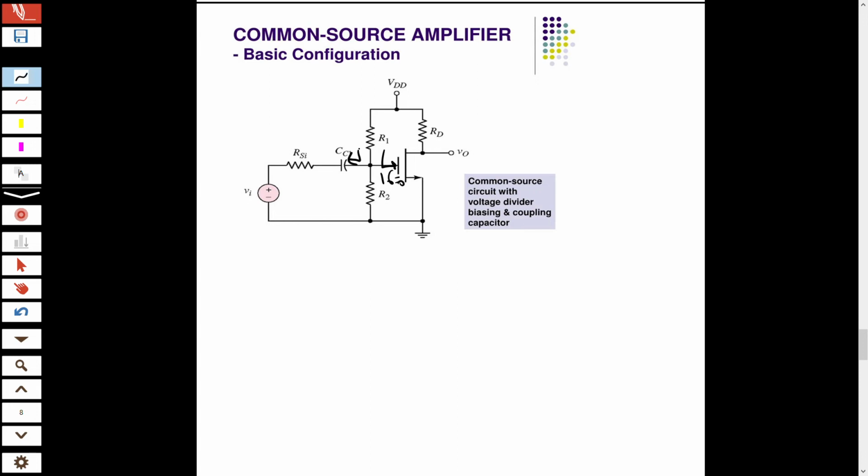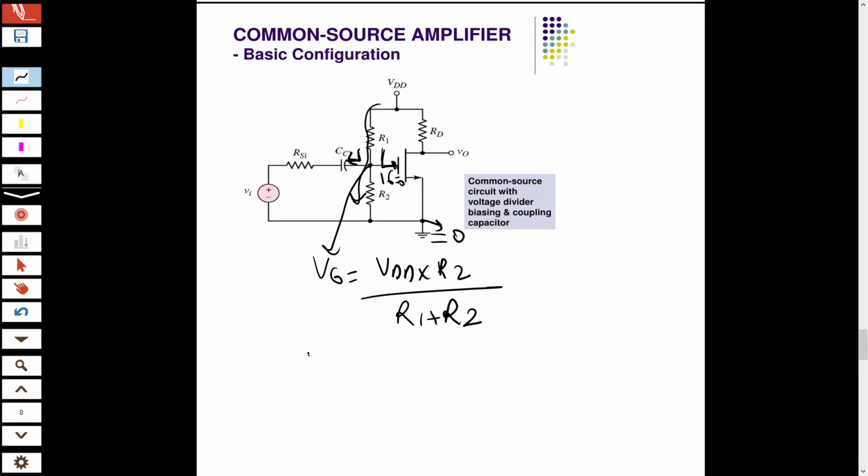So there will be no current passing through this side, and no current through this side. The current will pass through this side. There is a voltage drop, and I can find V gate in DC analysis. It is VDD times R2 over R1 plus R2. And if I know V gate, I know V source here is grounded, so VGS equals V gate.